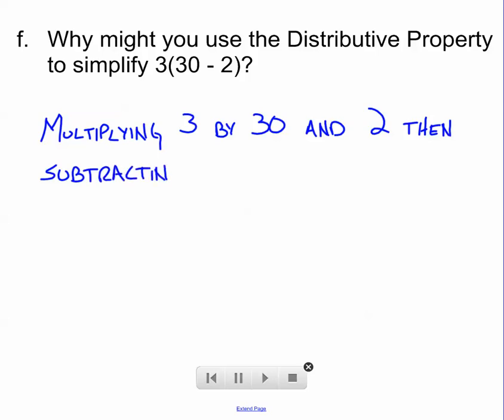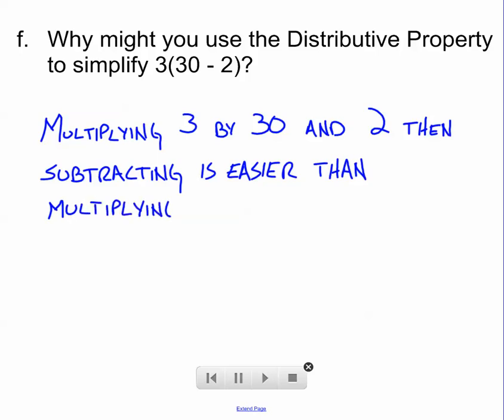I'll explain this here in just a second, but multiplying 3 by 30 and 2, then subtracting, is easier than multiplying 3 by 28. Everybody knows what 3 times 30 is. It's 90. Everybody knows what 3 times 2 is. It's 6. And then 90 minus 6 is 84.